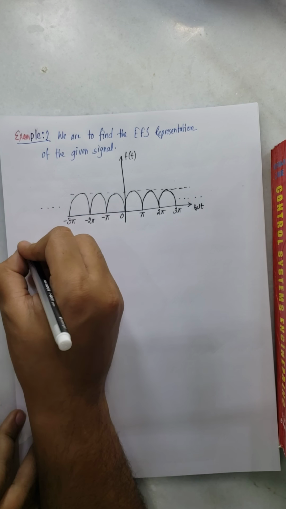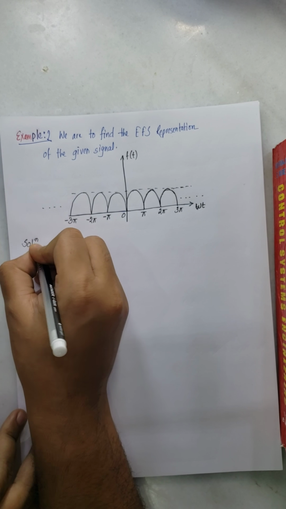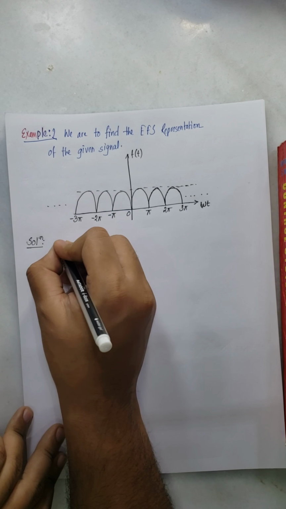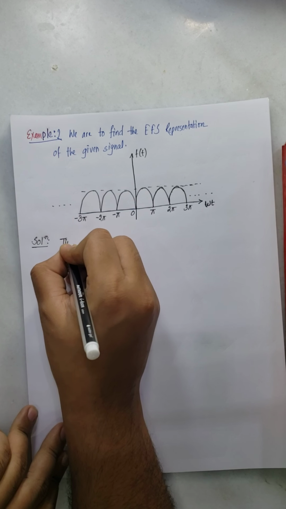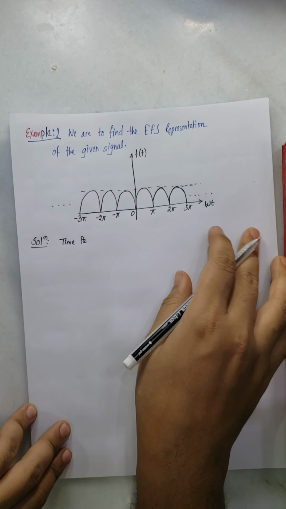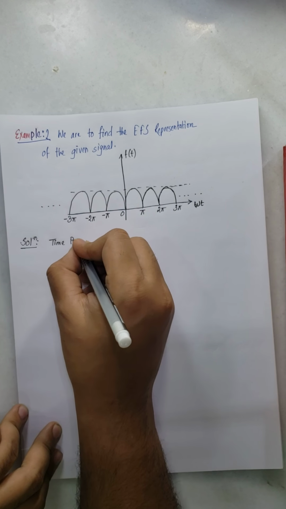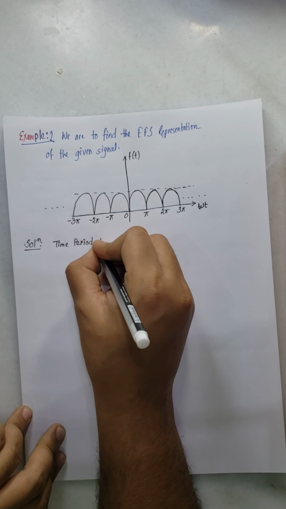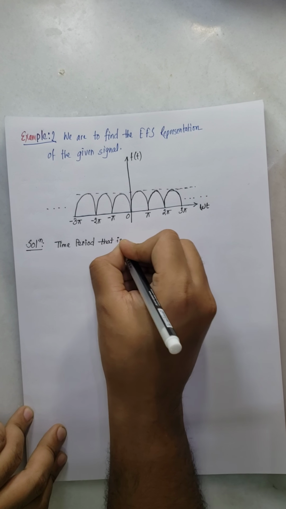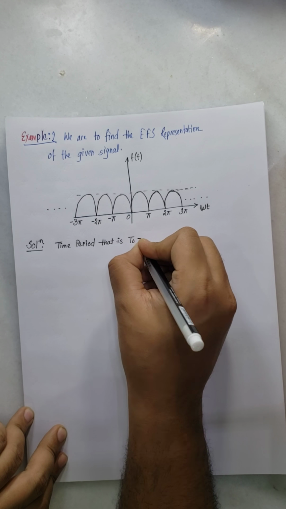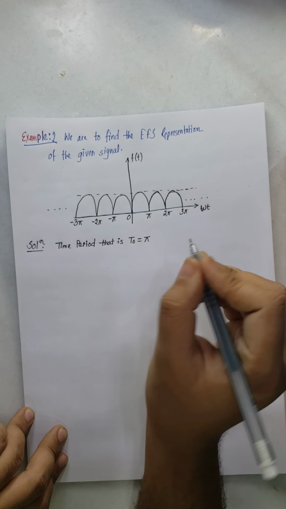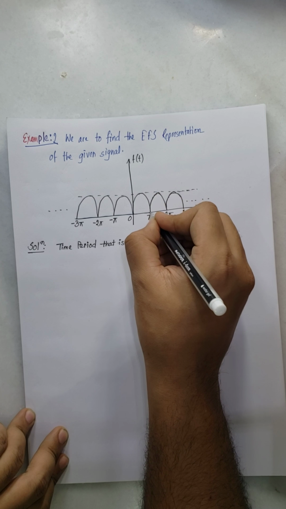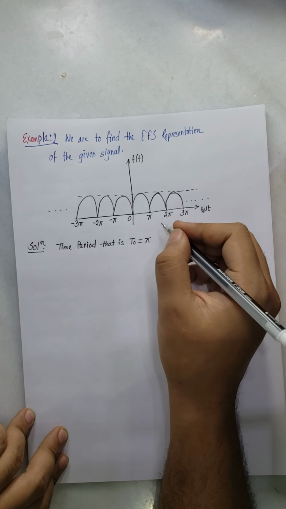Now let us come to the solution. First of all, we are to determine the time period of the signal. So the time period, that is T naught, is given by pi, because as I have said, and as it is quite clear from the diagram, the signal repeats itself after every pi times.